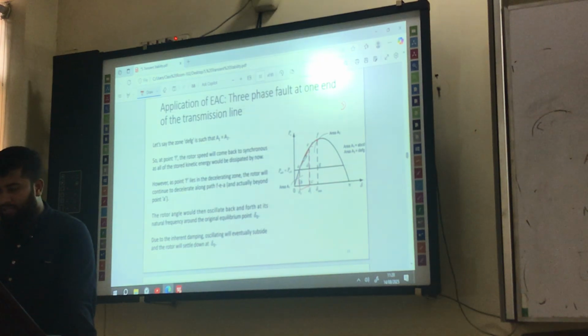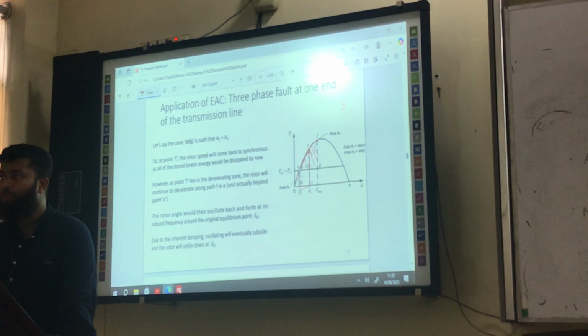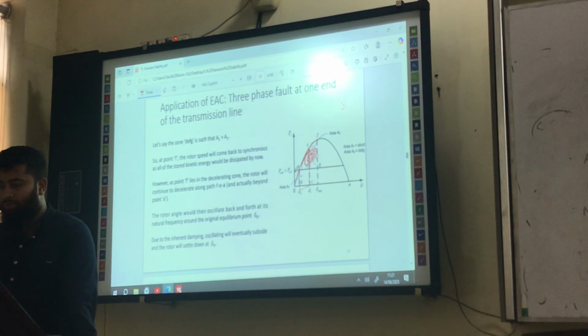In this journey, A, F, G will now be the new deceleration area, because there is a large area here. That is the deceleration area. Now again we have to cross this point here, and we have to somehow recover this whole decelerating area in the accelerating phase, but we don't have any available area.